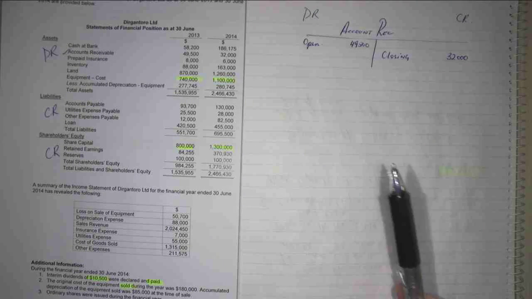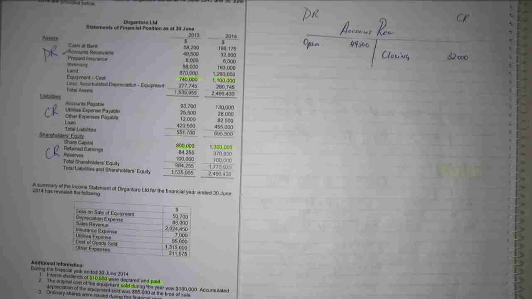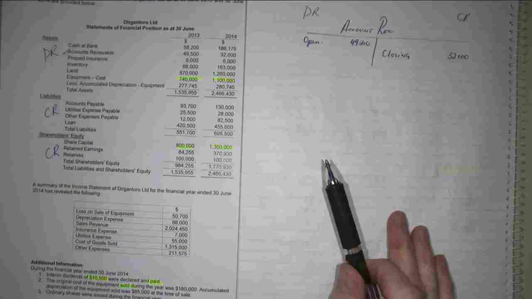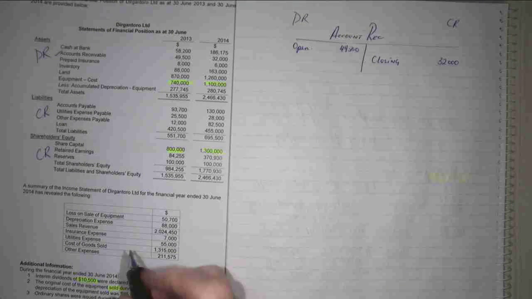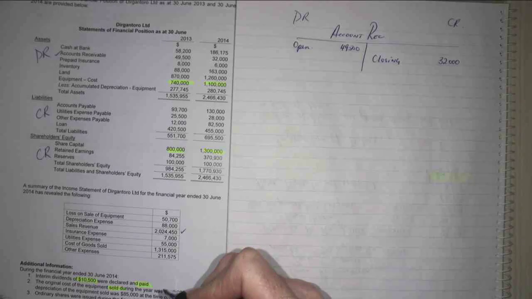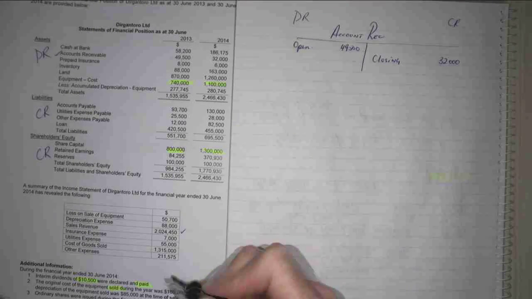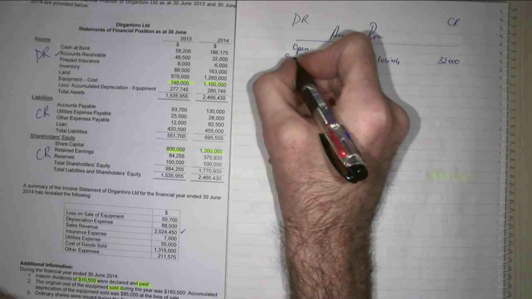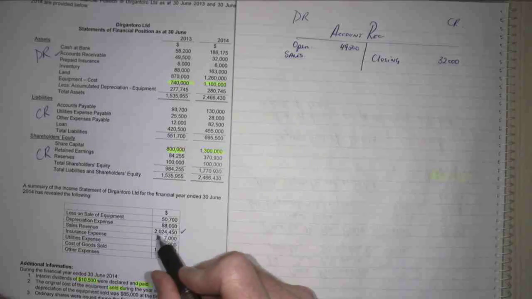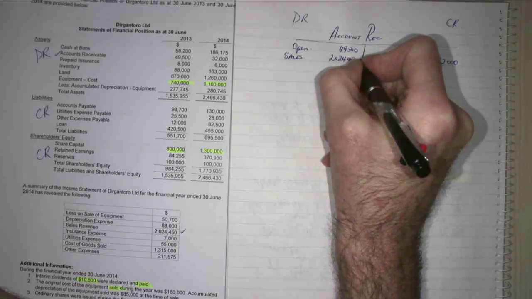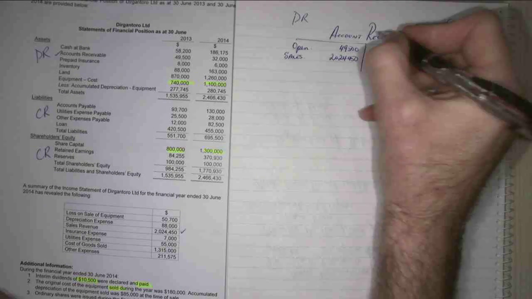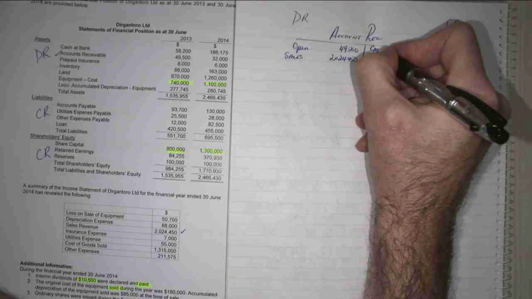Now what goes through my accounts receivable? That's right, sales revenue. Sales will increase my accounts receivable, because what I'm looking for is my cash collected from customers. Sales are 2024,450. And cash collections is the other thing that goes through.